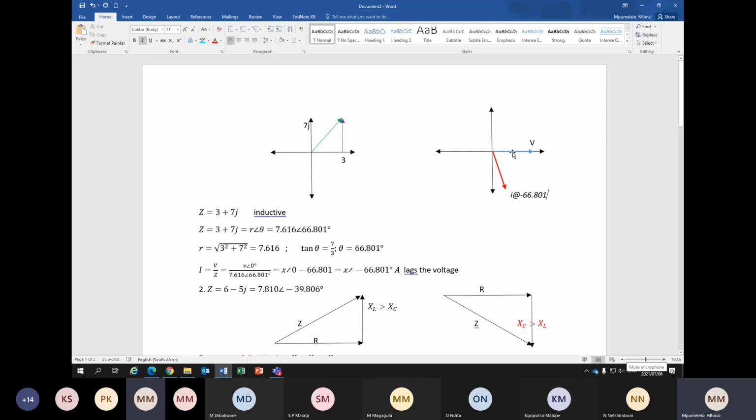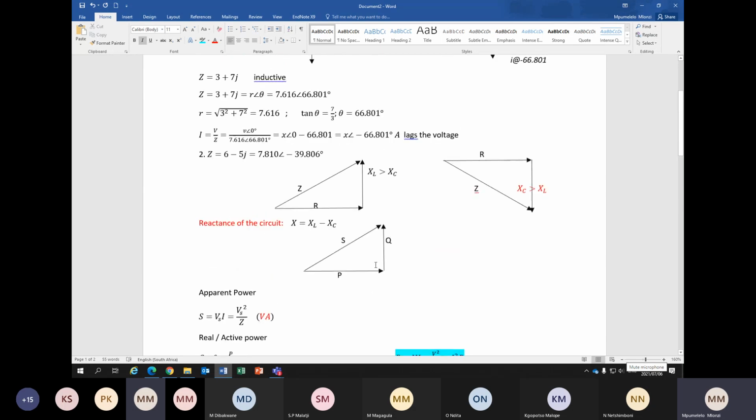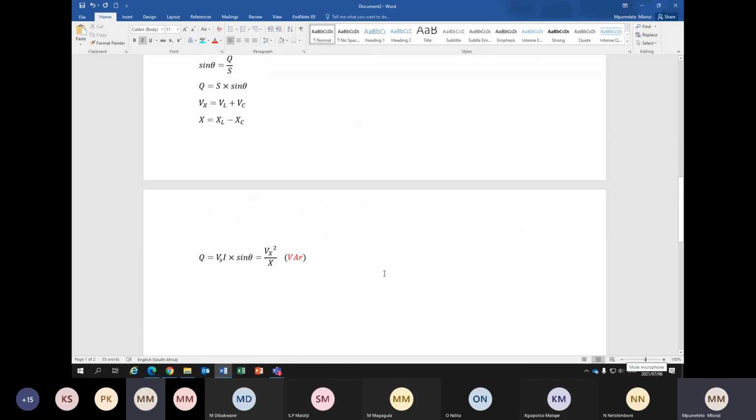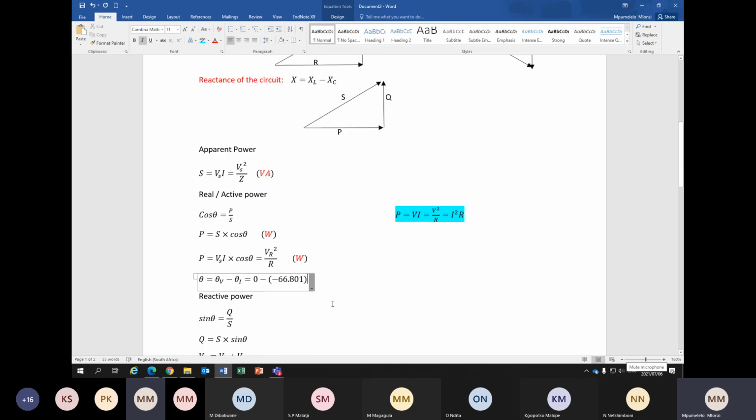Now, the angle between these two is 66.801. Meaning, where did I write this? Yeah, there it is. To calculate this theta, which will be used when calculating the active power or the reactive power, it is the angle of the voltage, which is 0, minus negative 66.801.